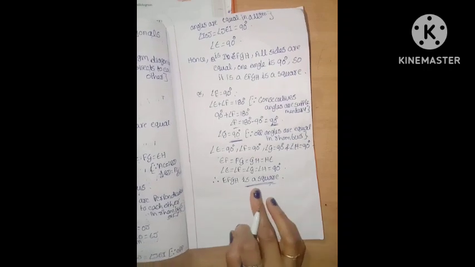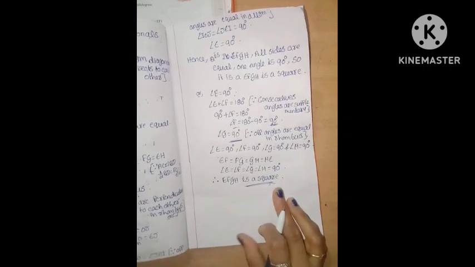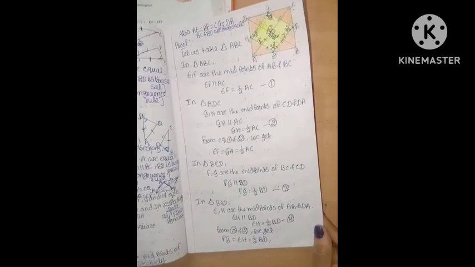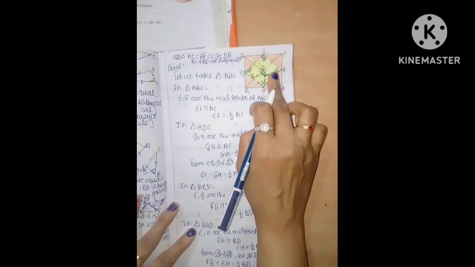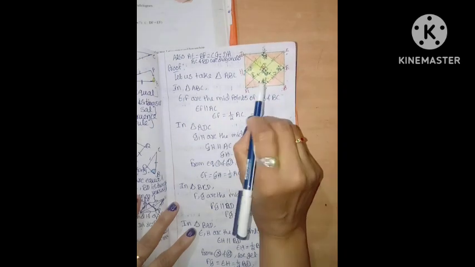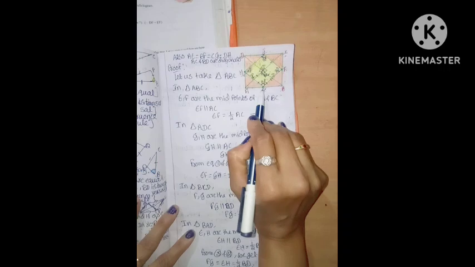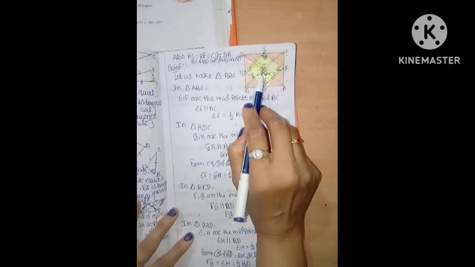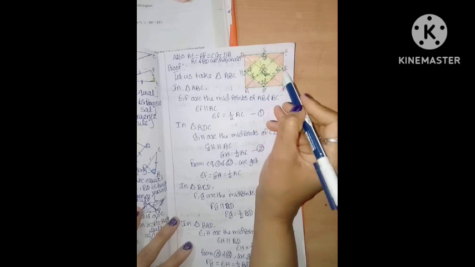Okay. In a square, if the midpoints of a square are joined, then again we will get a square. Finally, you can say that. Are you clear? This figure also gives a square.